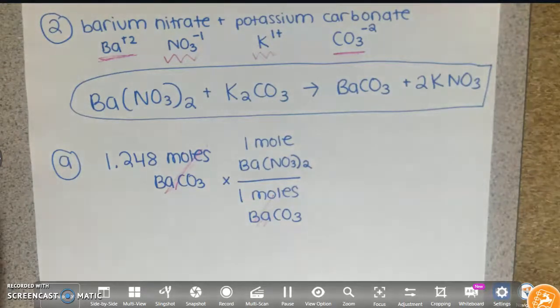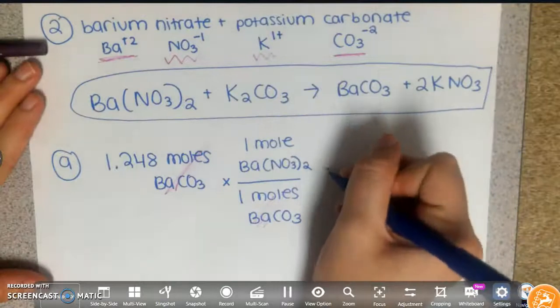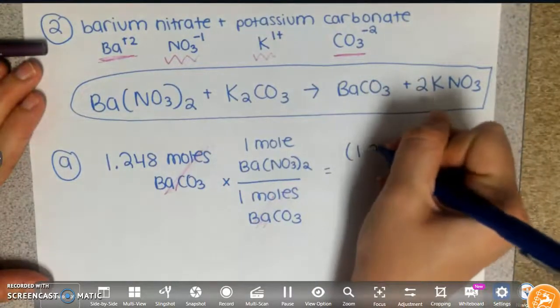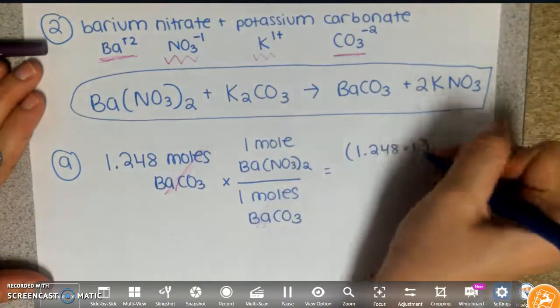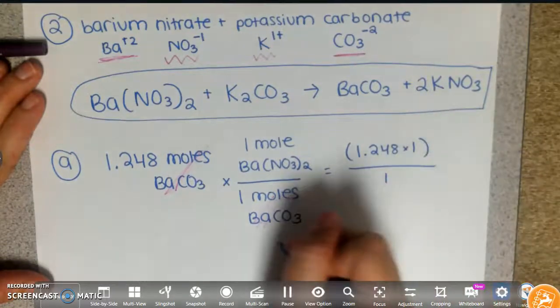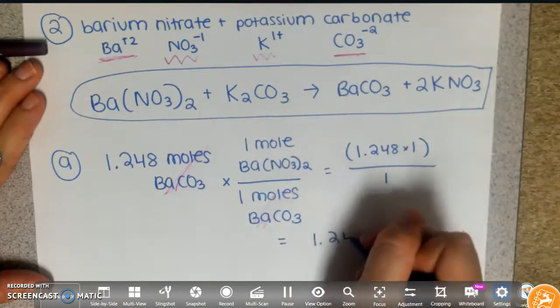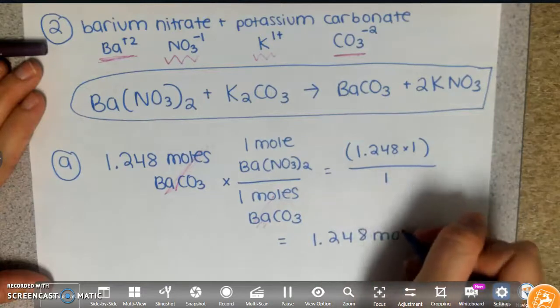And then you actually don't need to type this into the calculator, because it would be 1.248 times 1 divided by 1. So the answer is 1.248 moles of barium nitrate.